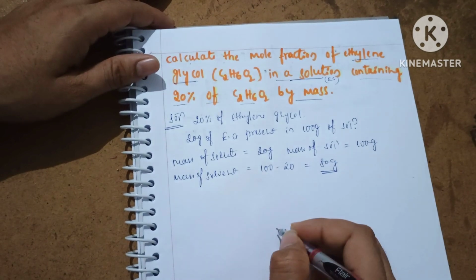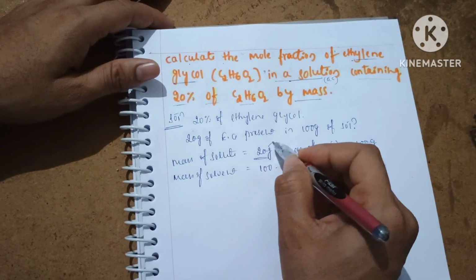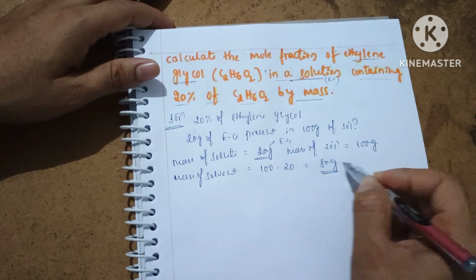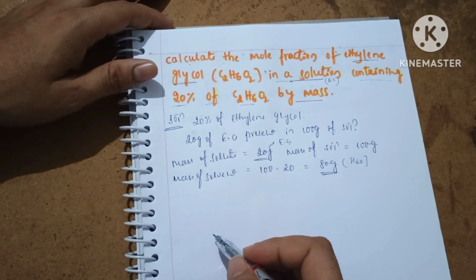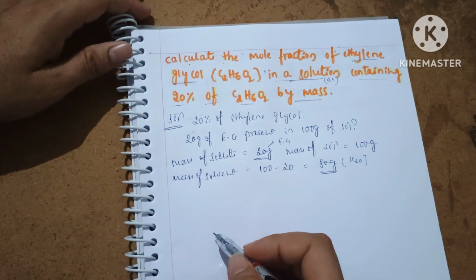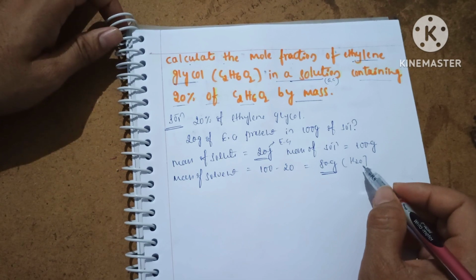Mass of solvent is 80 gram and mass of solute is 20 gram, and here solute is ethylene glycol and solvent, as we all know, if it is aqueous, should be water.